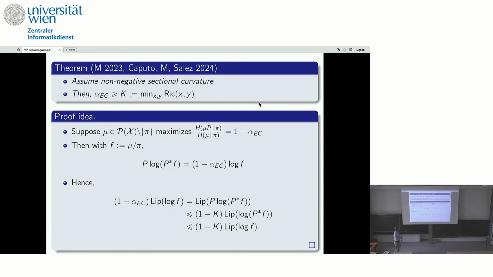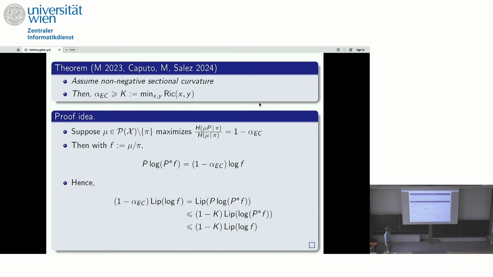So in the end, it means we just need some more condition, and that is precisely the non-negative Ollivier sectional curvature. So that's the theorem we have. If we have non-negative Ollivier sectional curvature, then the log-Sobolev constant and even this entropy contraction rate is lower bounded by the minimum Ricci curvature.